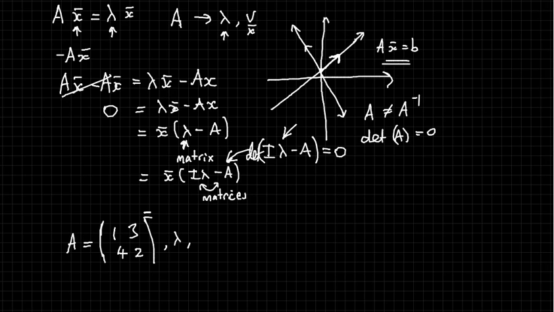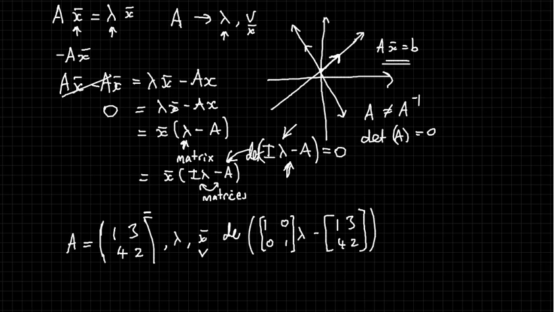So let's consider an example where A is equal to [1, 3; 4, 2]. And what we're trying to work out for this matrix is what its eigenvalues are, so what its lambda is, and what its eigenvectors are. Basically that's our x, or also our v.